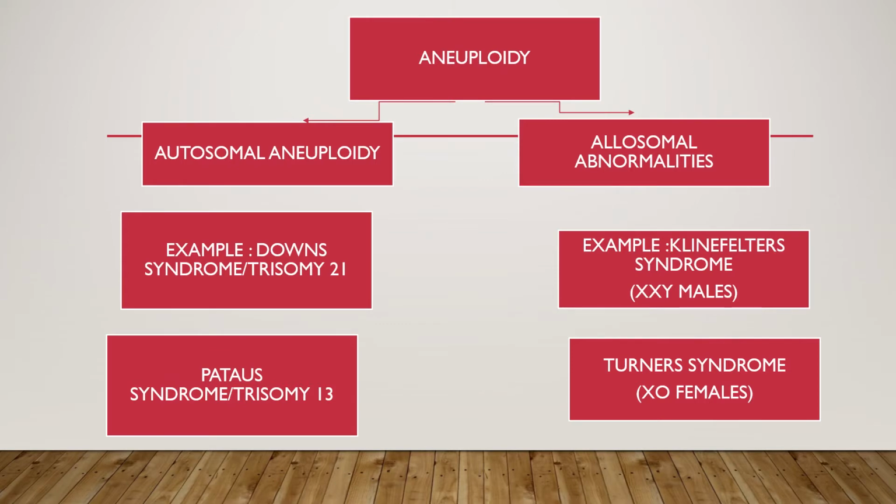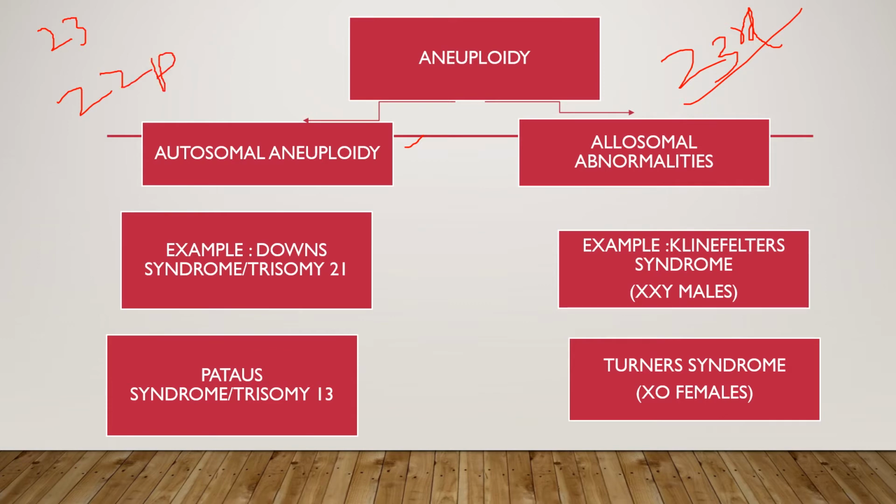So the aneuploidies are of two types, as I told you: autosomal aneuploidies and allosomal aneuploidies or abnormalities. Here we have 23 pairs of chromosomes. The 23rd pair is the sex chromosome, and we call it the allosome, and the first 22 pairs we call autosomes.